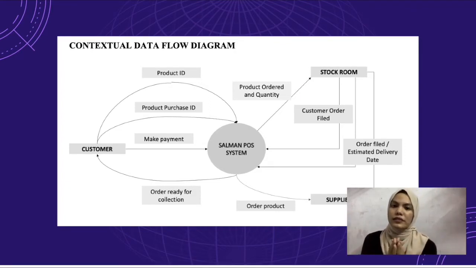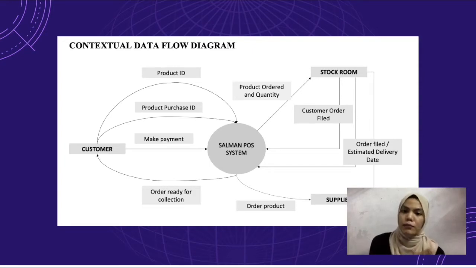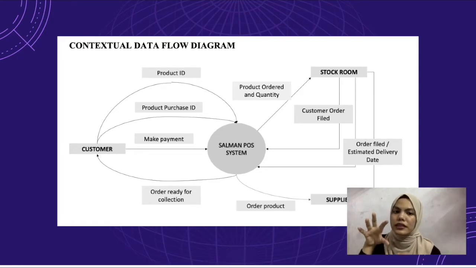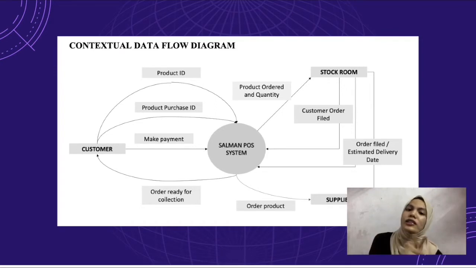First things first, revenue will start when a customer makes an order. The customer will give the product ID into the Salman POS system, and also the product purchase ID, and the POS system will send the data about the product ID and the quantity desired by the customer to the stockroom.